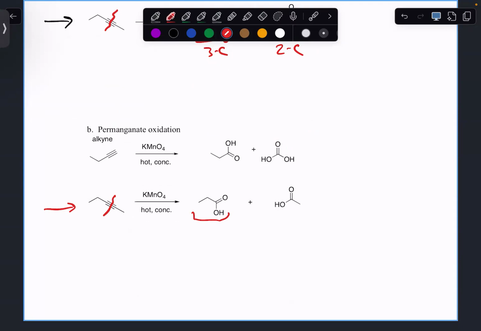To the left of the split, I have a 3-carbon group, so we make a 3-carbon carboxylic acid. Right of the split, I've got two carbons, so we end up also with a two carbon carboxylic acid. The exact same product as we got with ozonolysis. Any questions there?